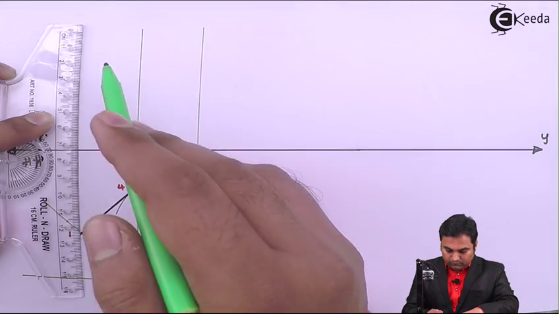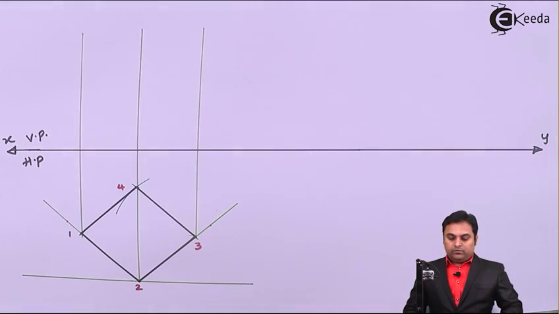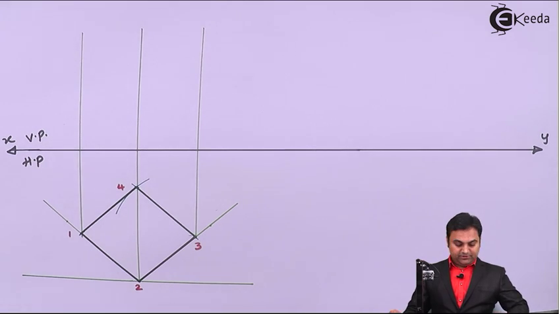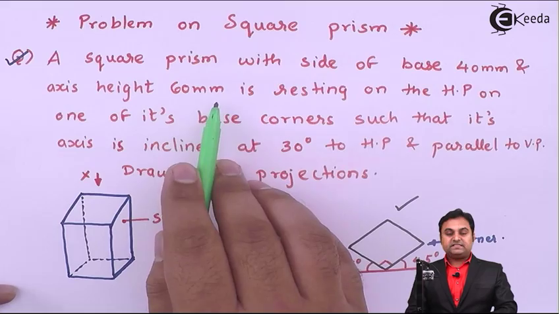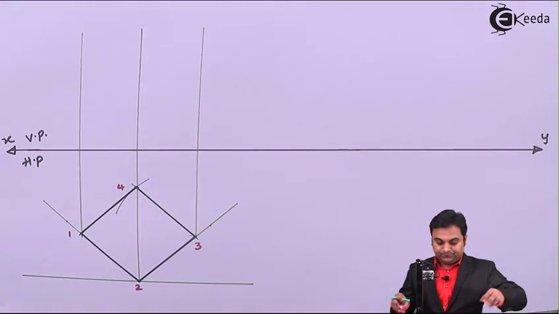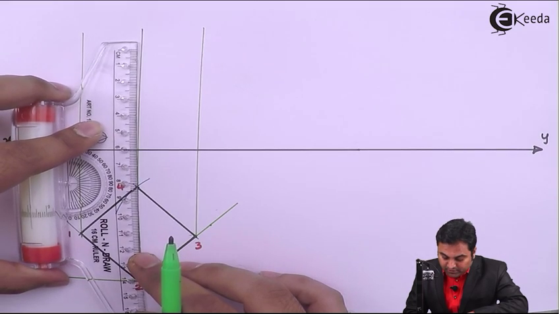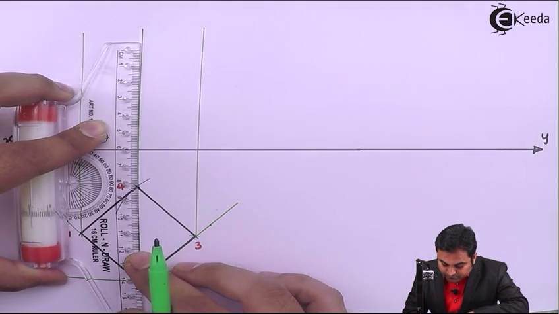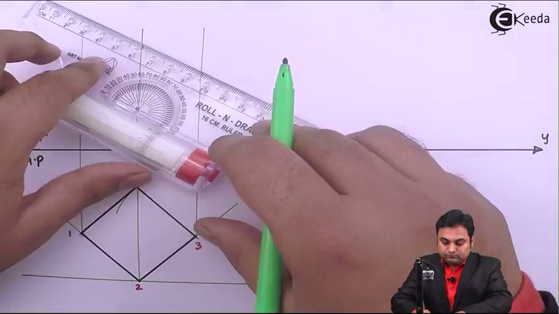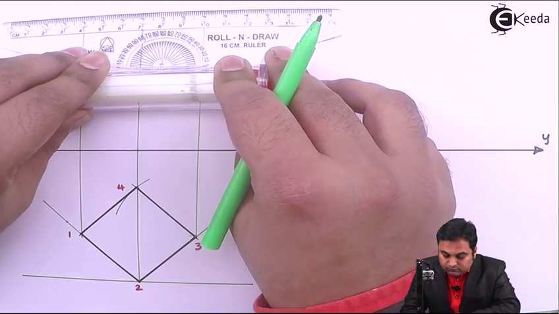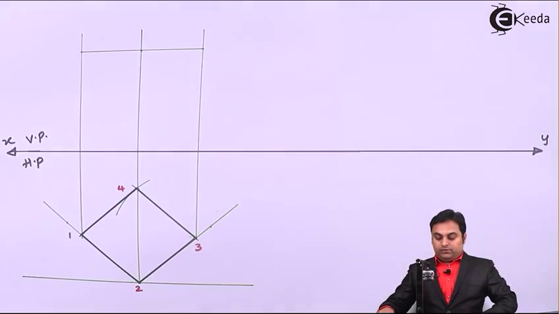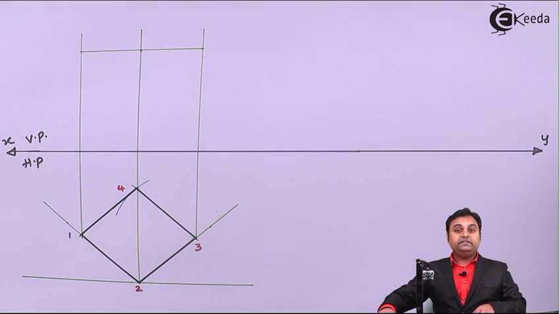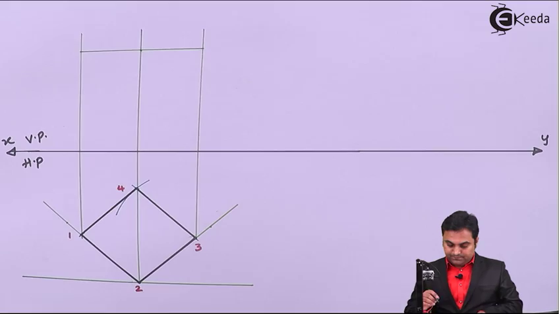Now the axis height given in the problem is 60 mm, so I'll mark 60 over this. Once I have drawn it light, next I can make the edges dark.